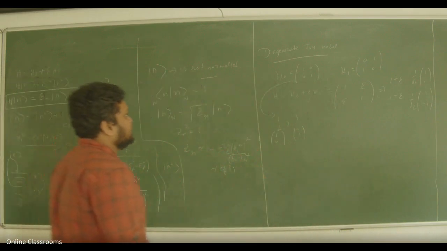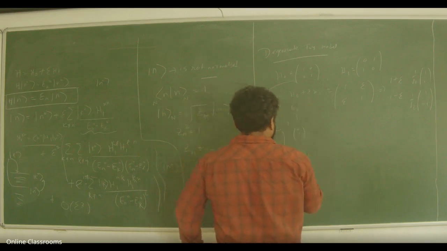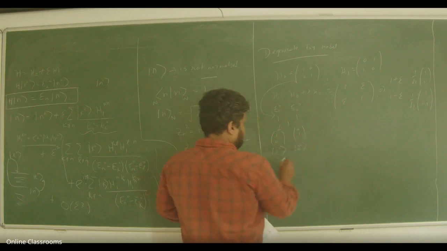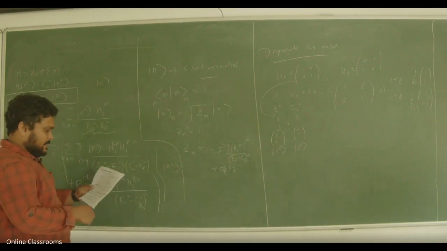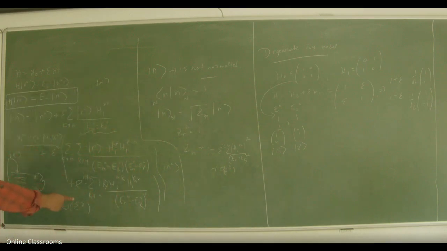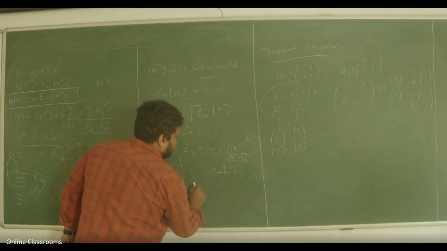Okay. So this is my E1 0, this is my E2 0, and this is my |1 0>, this is my |2 0>. One more point I forgot to mention here. This is how the states are, and of course you want another quantity, which is delta n.